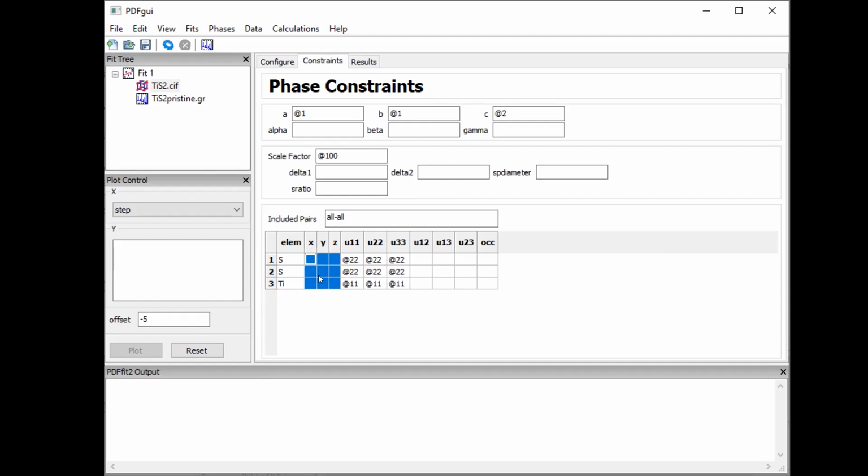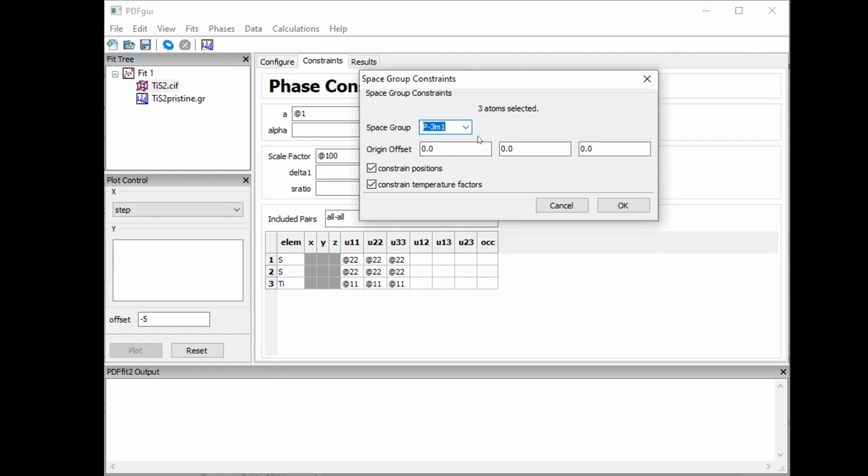And here is the place you may want to make a little note on how we define atomic positions in the PDFGUI. What we usually do is simply select all the atomic positions and right-click symmetry constraints.